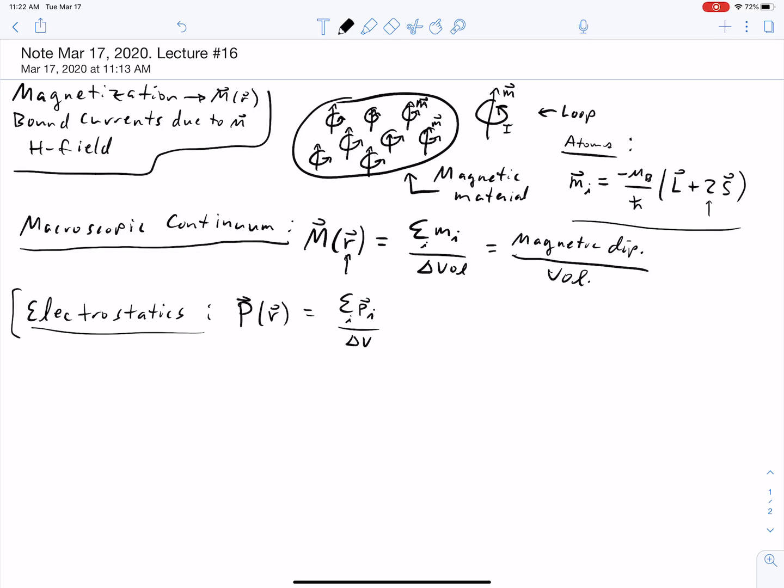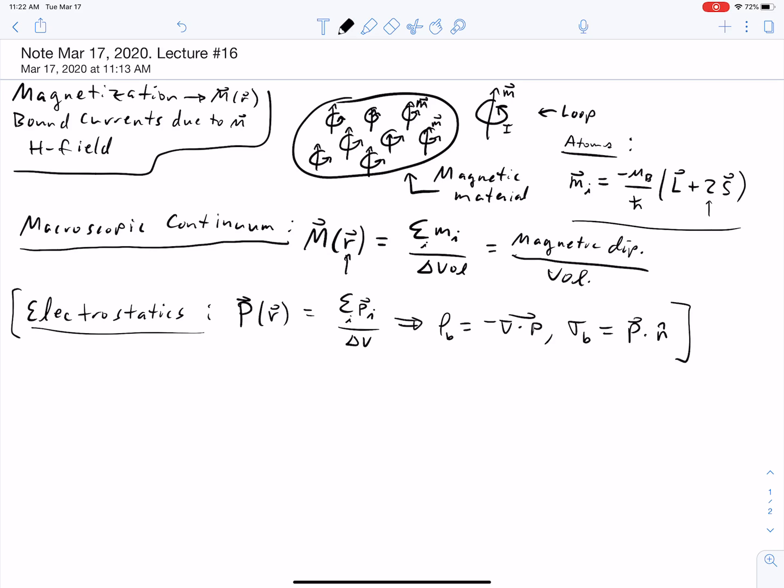That was quite useful because it allowed us to define other very useful quantities such as the bound charge, which is equal to the negative of the divergence of the polarization, as well as the surface bound charge. That's the volume bound charge, and the surface bound charge is P dot n. And these are very useful quantities.